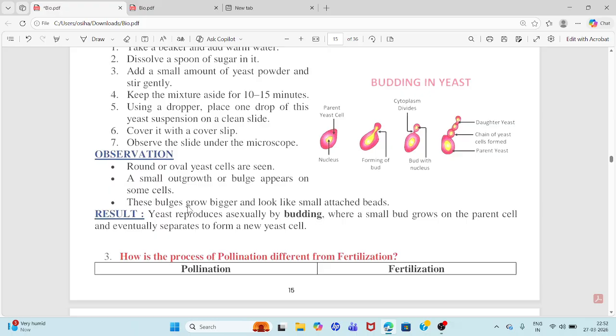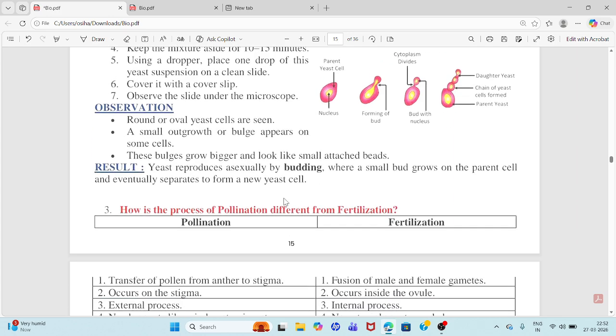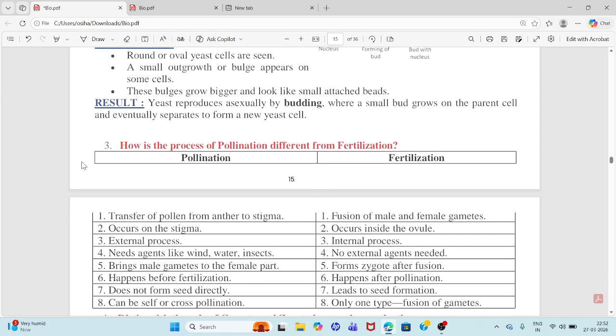The bulges grow bigger and look like small attached beads. Result: yeast reproduces asexually by budding, where a small bud grows on the parent cell and eventually separates to form a new yeast cell. This is the second activity.